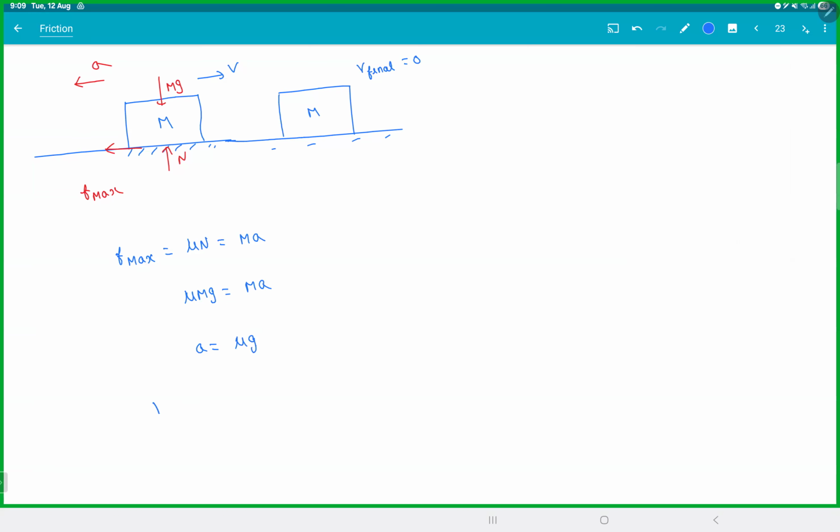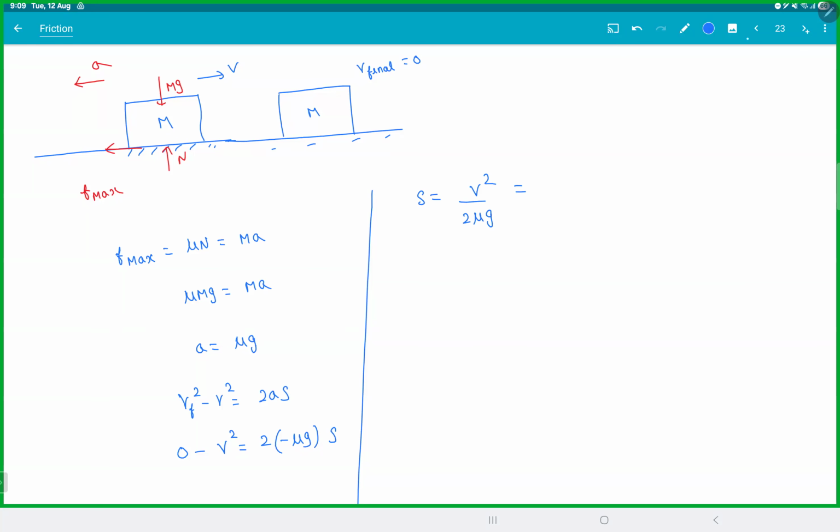So I can use my kinematics. V final square minus v square is 2as. This is 0, this is v square, this is 2, this is minus mu g and s. Then we get s is equal to v square by 2 mu g.